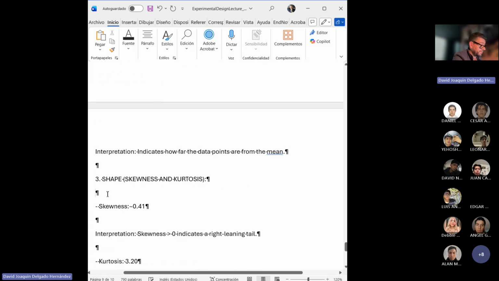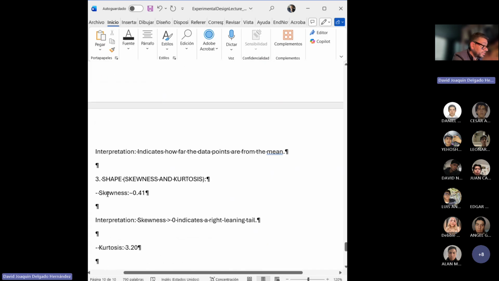Number 3, shape. In this case, the shape is negative. So again, skewness is not greater than zero, it is less than zero. Instead of right, it means left.